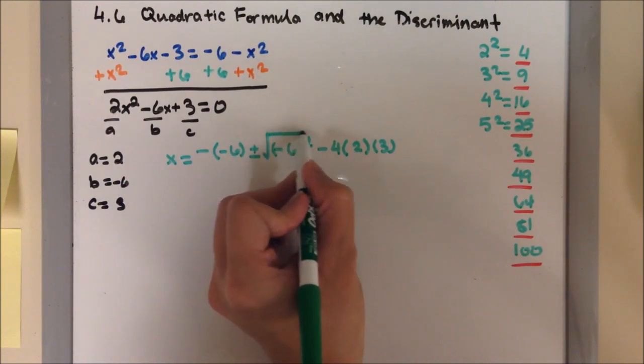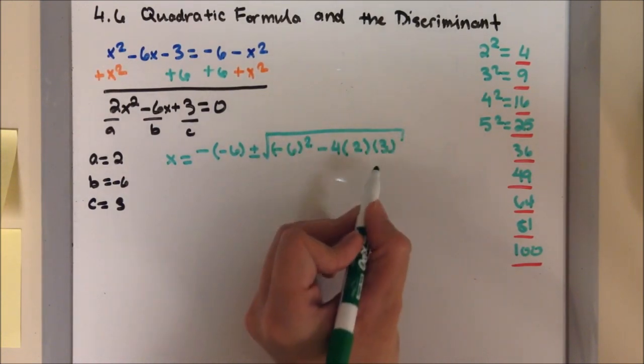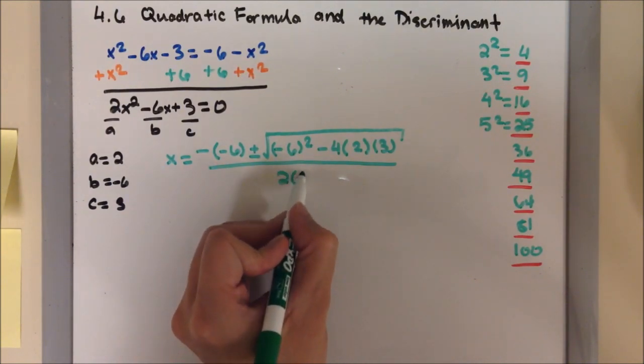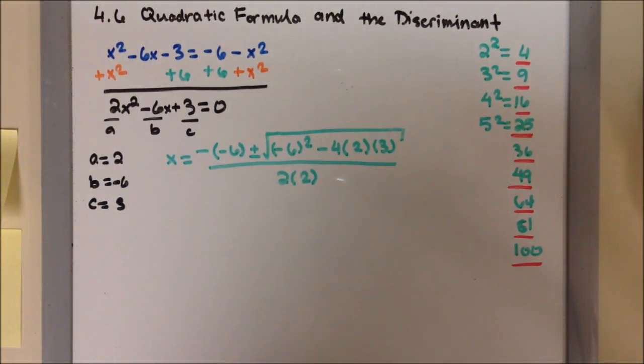This is inside the square root, divided by my 2a, or 2 times 2. Just like that. Alright, so I'm going to simplify.